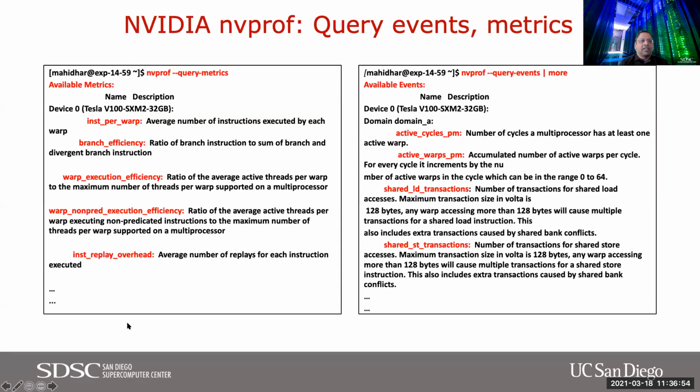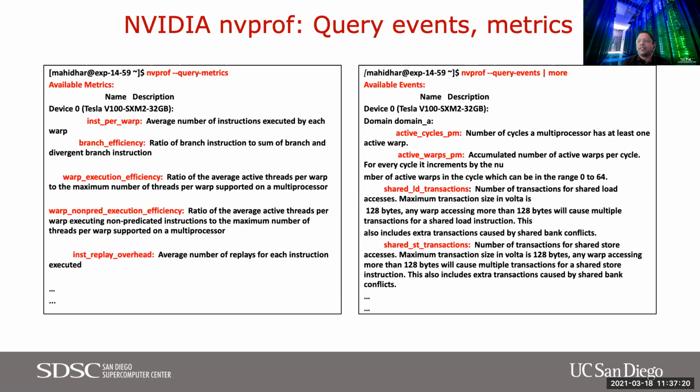So the first thing I wanted to look at was basically just how do you find out what kind of metrics or events you can look at. So nvprof --query-metrics will give you a long list, and similar thing with --query-events. I just have a snapshot of the first few. There's probably 100 plus in each of them.